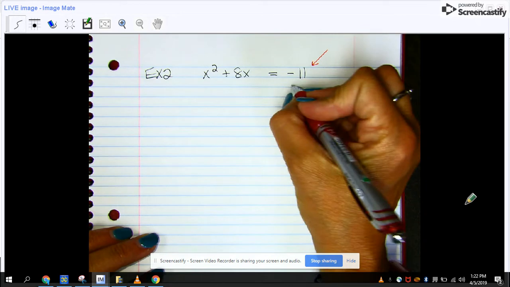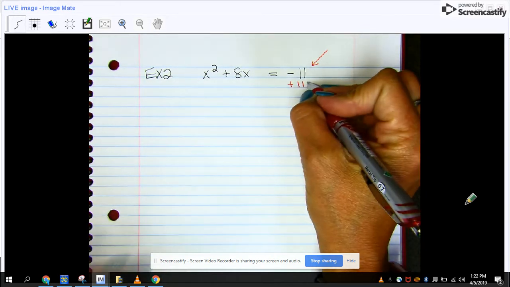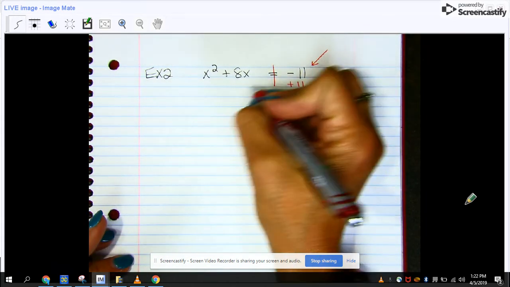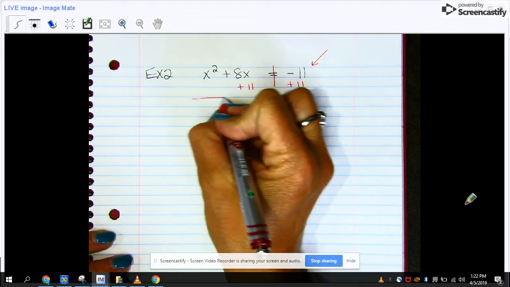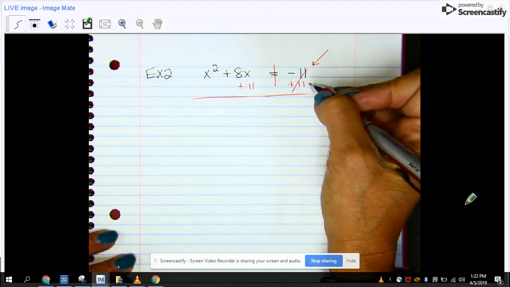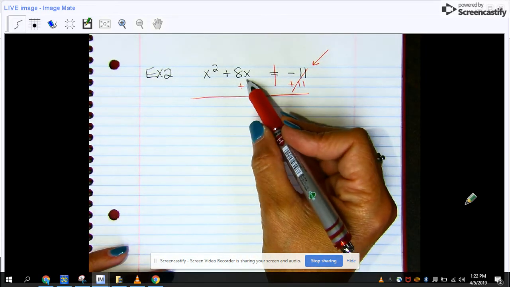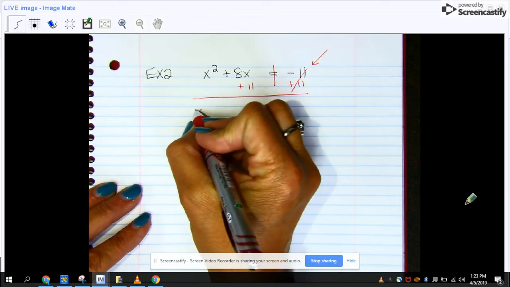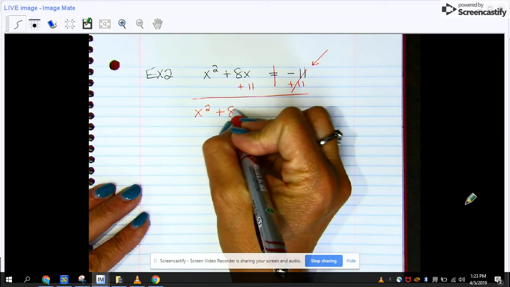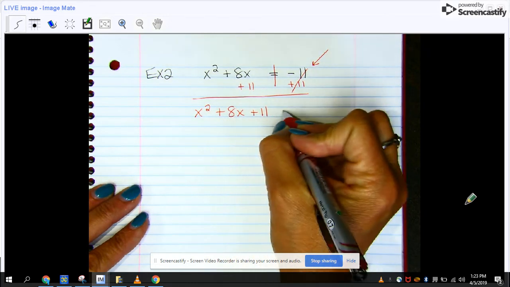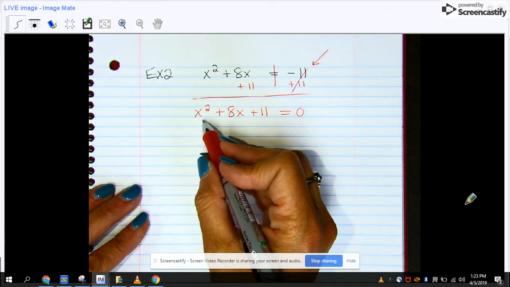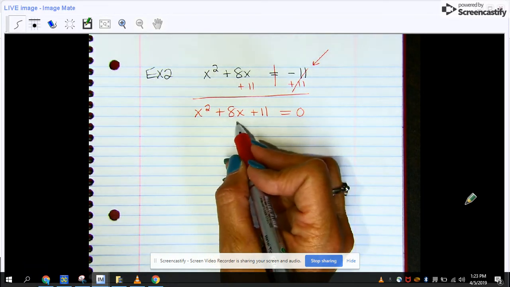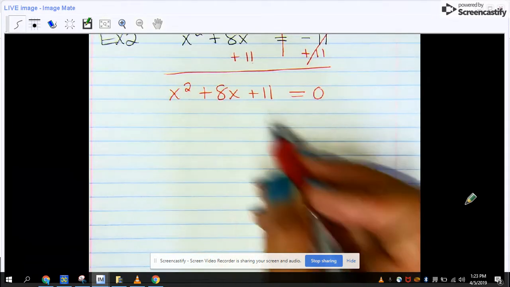So we're going to add 11 so that I do have it equal to 0, and make sure you add it to both sides. Now you can't add 11 to the 8x because that has an x and that doesn't. So when you write it out, it's going to be x squared plus 8x plus 11 equals 0. And everything kind of has to go in order. Like your x squared is first, and then your x is second, and then your 11 is by itself.